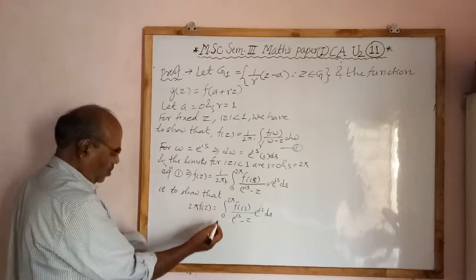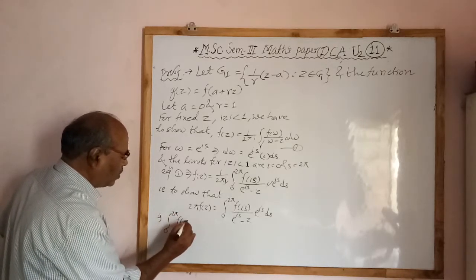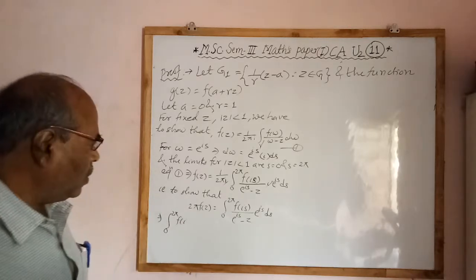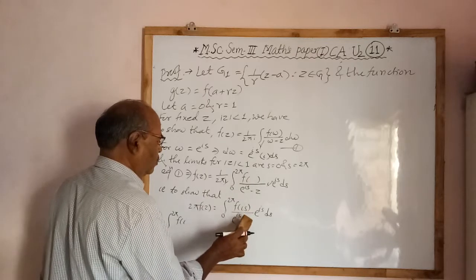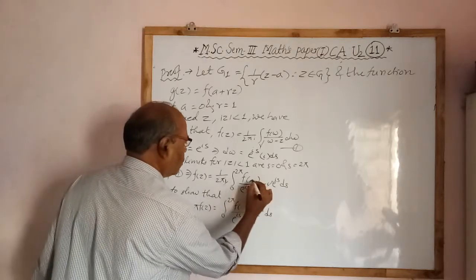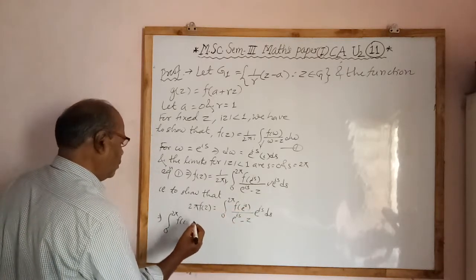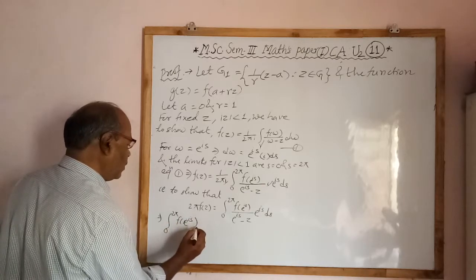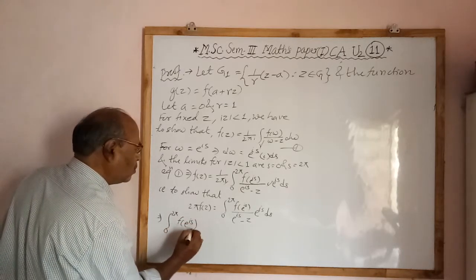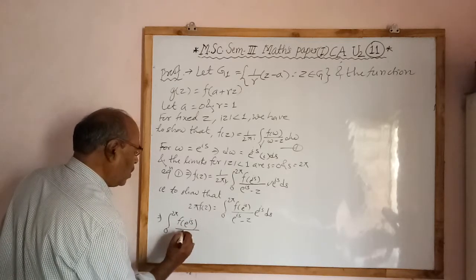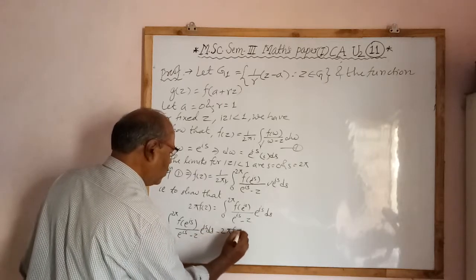Now if we make the right hand side 0, we can write this integral minus twice pi f of z equal to 0, which implies integration from 0 to twice pi of f of e to the power is divided by e to the power is minus z into e to the power is ds minus twice pi into f of z equal to 0.